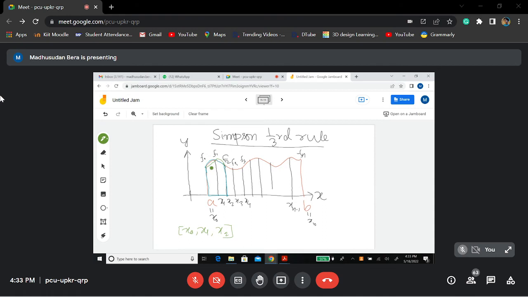And using that, if we do the integration from x0 to x2, what value will we get? The detailed calculation is there, but the proof is not here. If you are interested, you can go through the book.